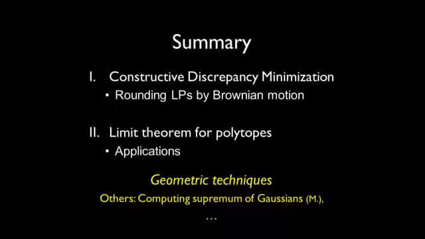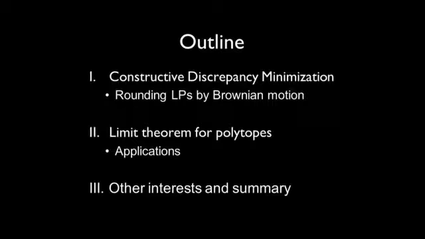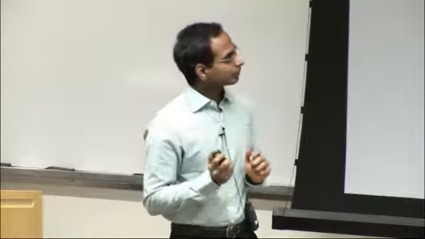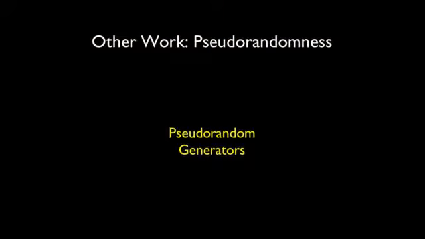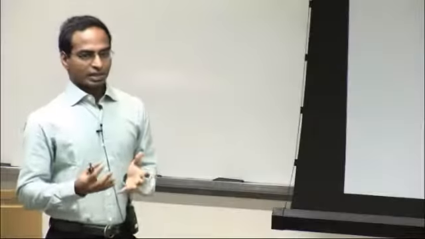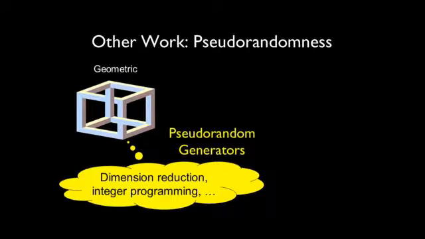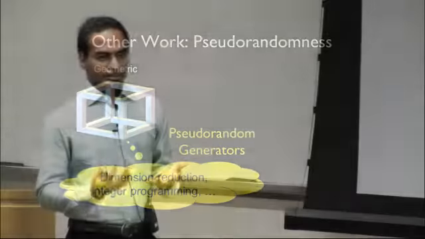Let me briefly mention some of my other interests, and then I'll conclude. So one of my major focuses has been in pseudo-randomness and constructing pseudo-random generators. I've been focusing on constructing pseudo-random generators for geometric shapes like half spaces, polynomial threshold functions, polytopes.